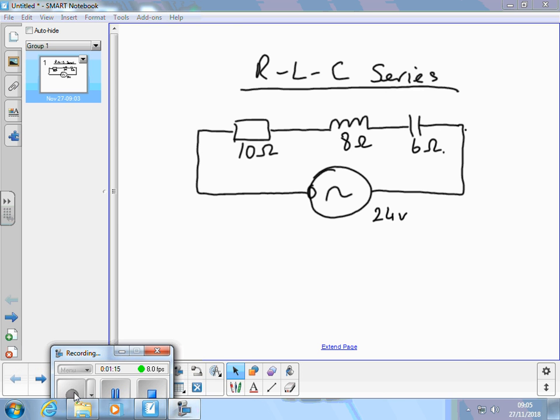You could be given it in farads. At the moment we're avoiding that calculation, and I'm giving you the impedance of the capacitor and inductor. So you're being given effectively XL and XC, at least the two of them at this stage.